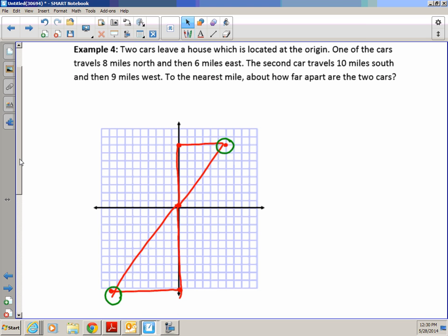Now, there's a couple of different ways to do this. One way is to find C for each triangle, this one and this one, which will give us the length of each hypotenuse, and then add those together. So let's just do that one.